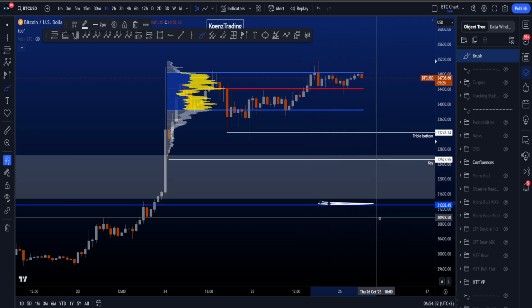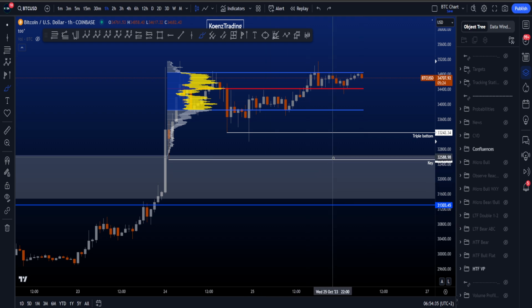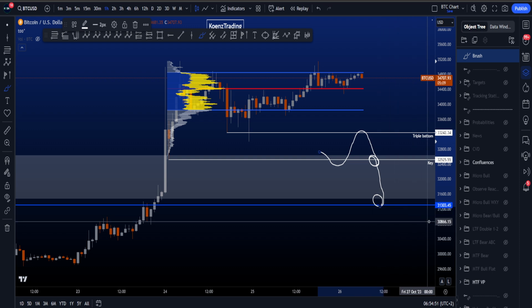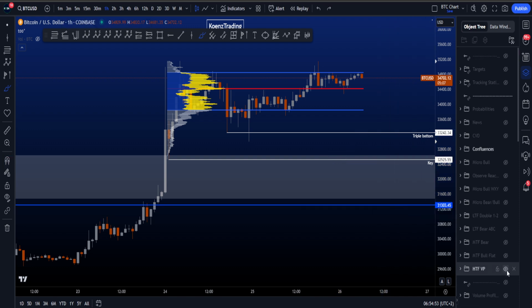You won't come down all the way to the value area low in that scenario, but at least you're going to retest this support resistance area for then potential continuation. If however price bounces here, can't find continuation and comes back, there's high probabilities you're going to fill the gap, meaning the value area low might be tested at 31.3k.